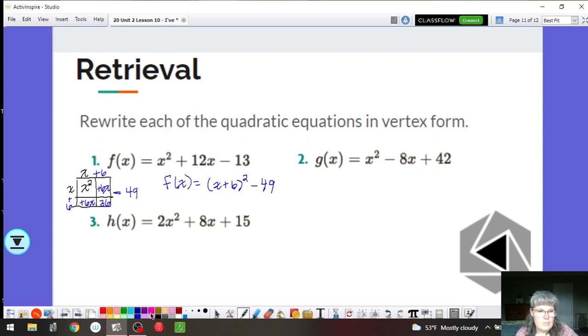We can do the same thing with number 2. Start by drawing a square. It's going to have x squared, so that we have that x by x. We need to split the negative 8 evenly, so that's negative 4x and negative 4x.